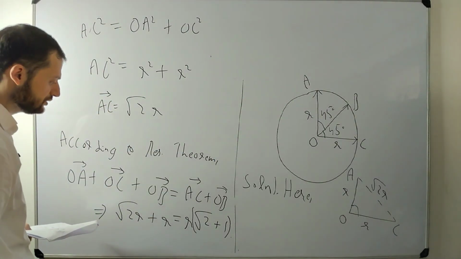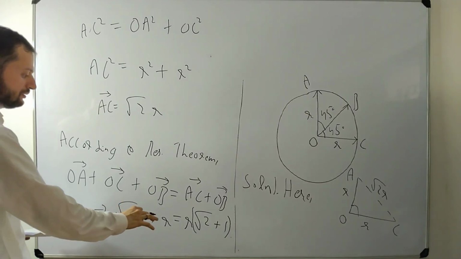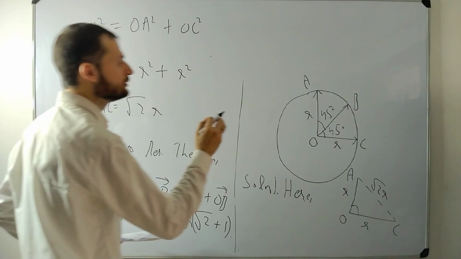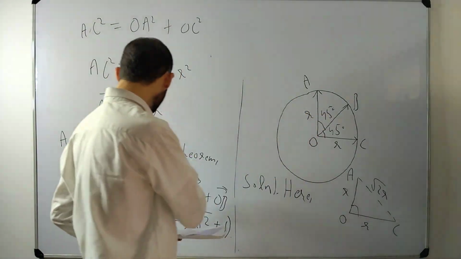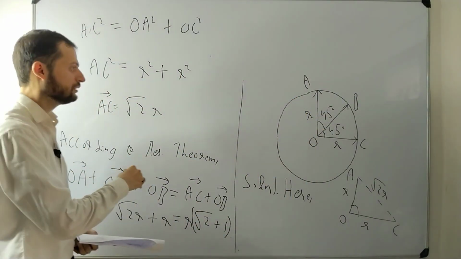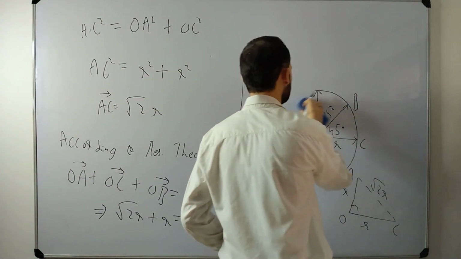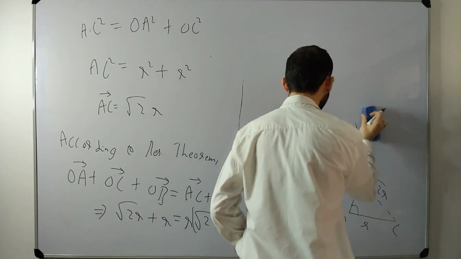So if you need to draw, in the question it is being asked about OA, OB and OC. Let us draw. See in the figure. We will go extra.